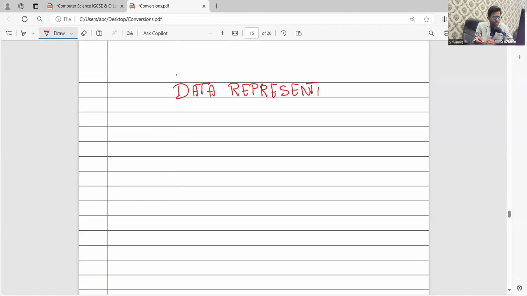And for understanding this term data, if I ask all of you, can you define what data is? What do you understand of data, or what type of data do you have in your computers? A simple definition of data is that it is a piece of information or facts that are collected, processed, and analyzed.